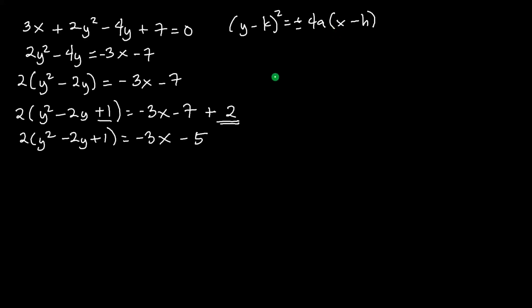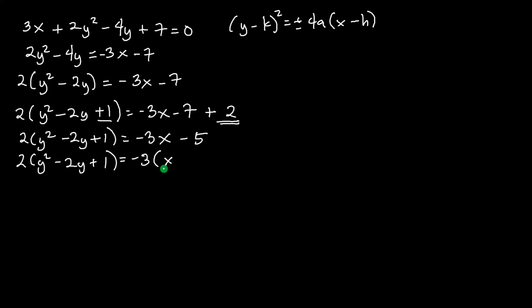we will have an equation -3 quantity of x. How about this? -5 is not factorable by -3. What we're going to do is just divide -5 by -3.